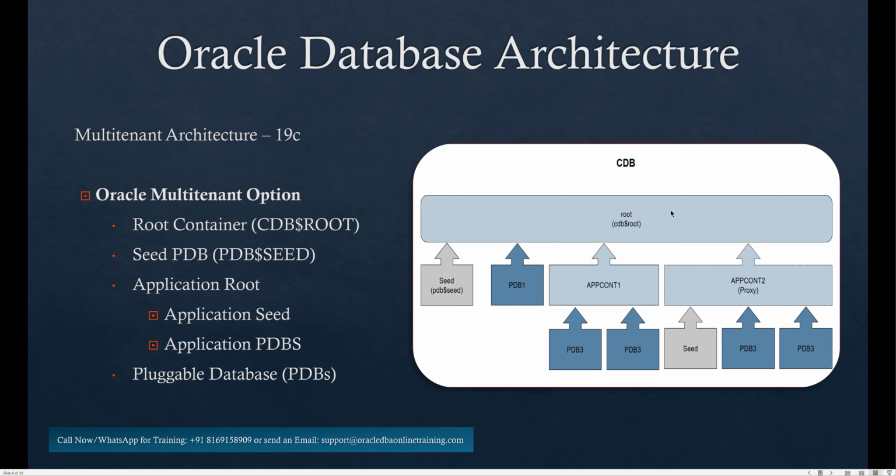While you are creating a database using DBCA or the silent method, during that time you need to decide what the root container will be and what the pluggable database names will be. By default, when you create any multi-tenant database architecture, you have a root container called CDB$ROOT. Then we have the seed PDB, that is PDB$SEED.